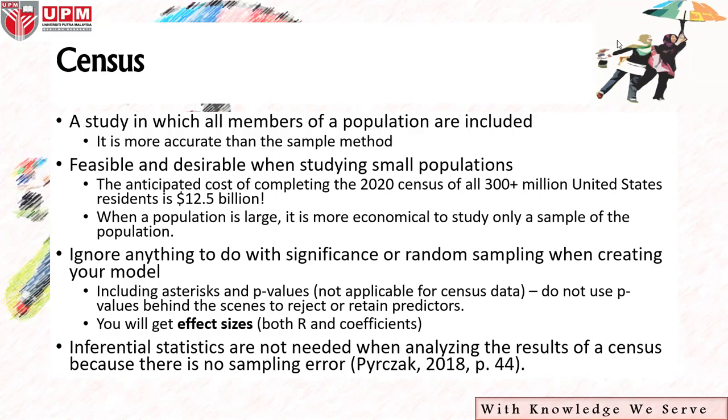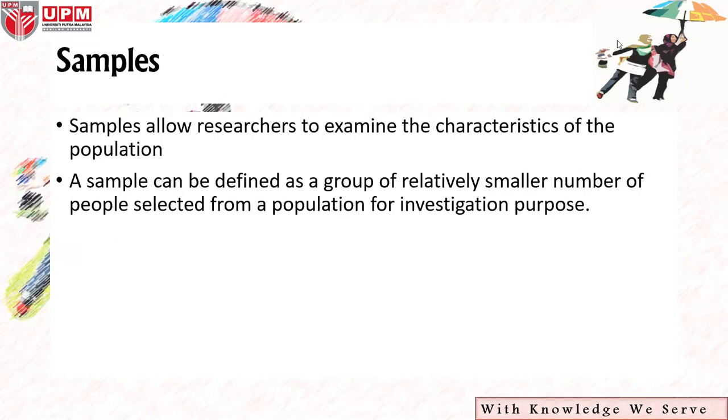Okay? Clear? Okay, sample. So samples we use when it is impossible for us to collect the data for the whole member within a population. So that's why we use sample. Okay, so sample allows researchers to examine the characteristics of the population. A sample can be defined as a group of relatively smaller number of people selected from a population for investigation purpose.